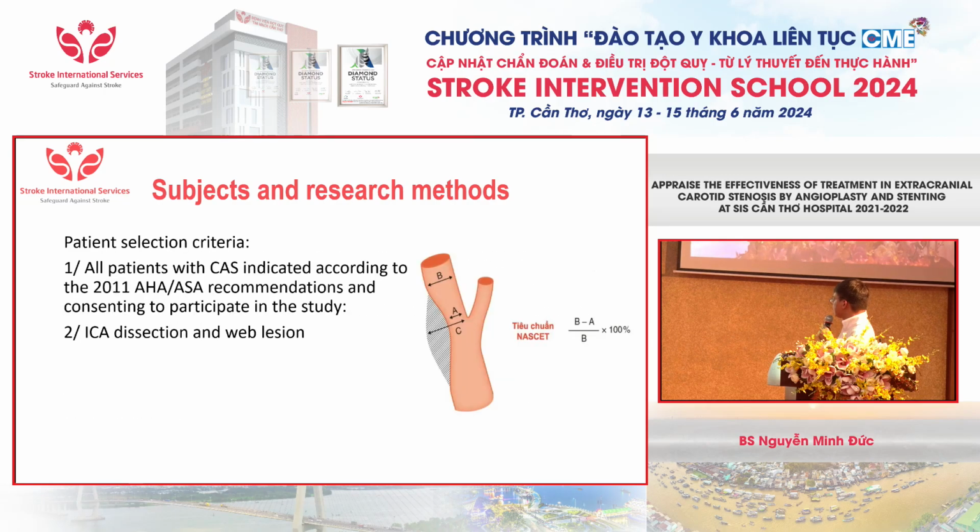We use NASCET to calculate the degree of stenosis, with A the segment where it is narrowest, and B the proximal segment.